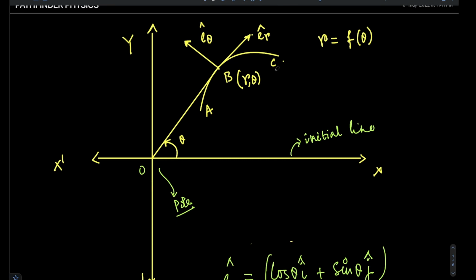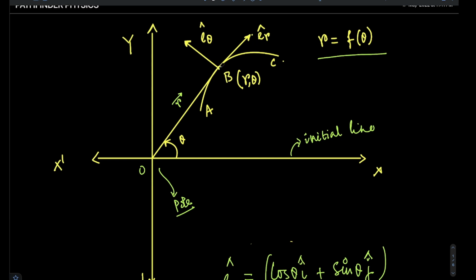There is a curve given by r equals f of theta, and B is a general point which is moving along this curve. The vector joining the pole and B is called r bar, and the unit vector along r bar is represented as e_r cap, and the unit vector perpendicular to r bar is represented as e_theta cap.